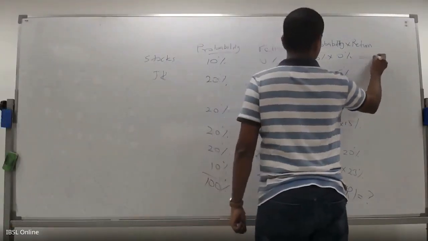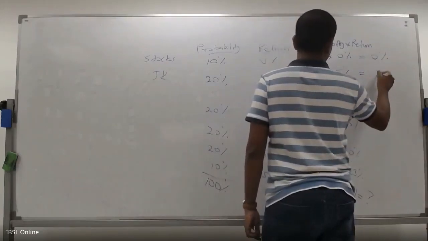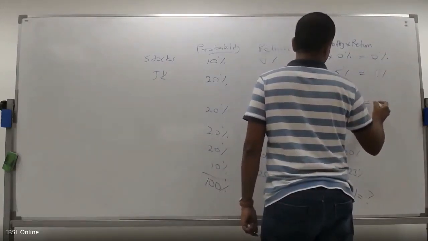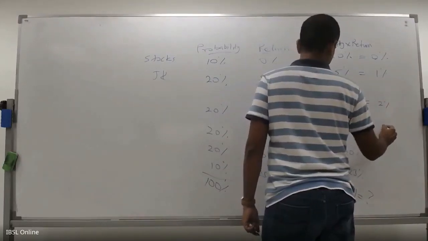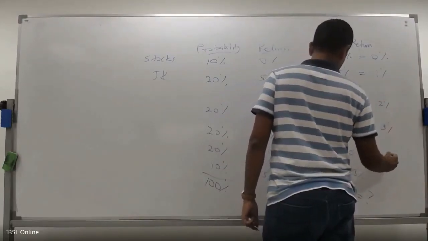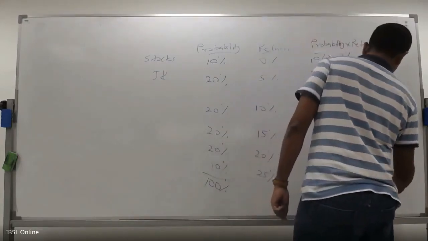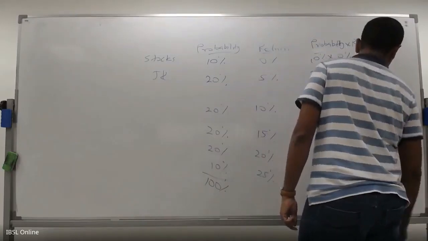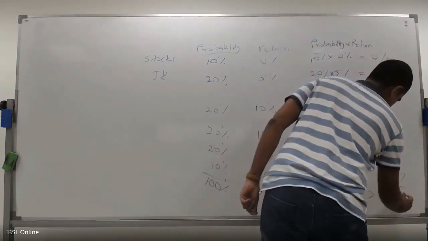So this is 0, 1, 2, 3, 4, 2.5. Yes, it comes to 12.5%.